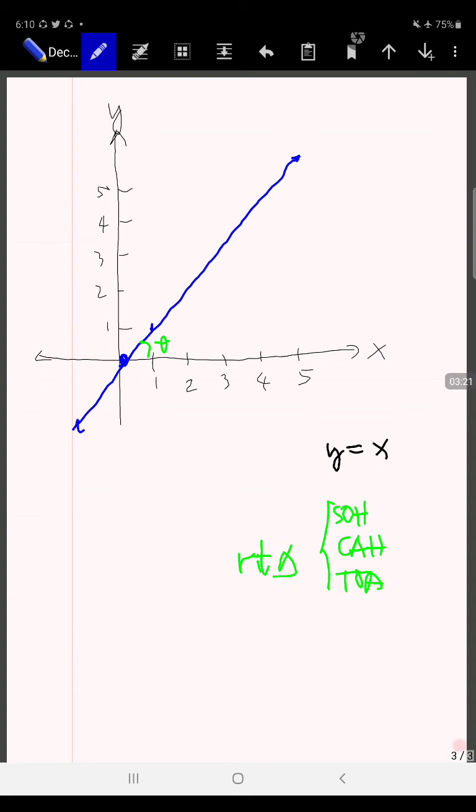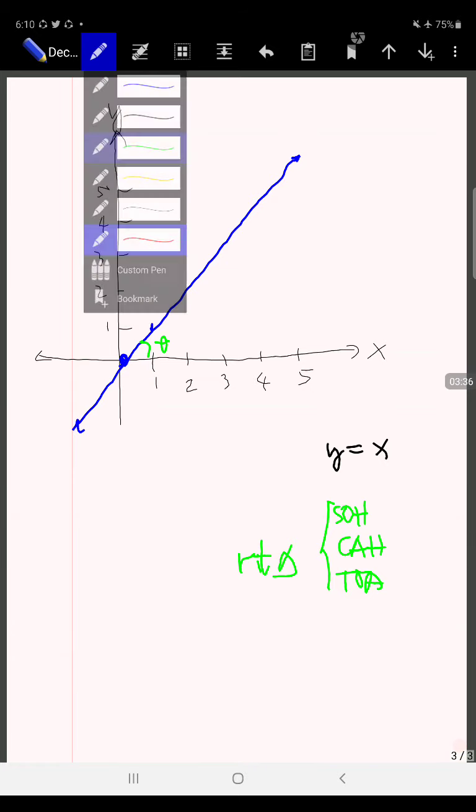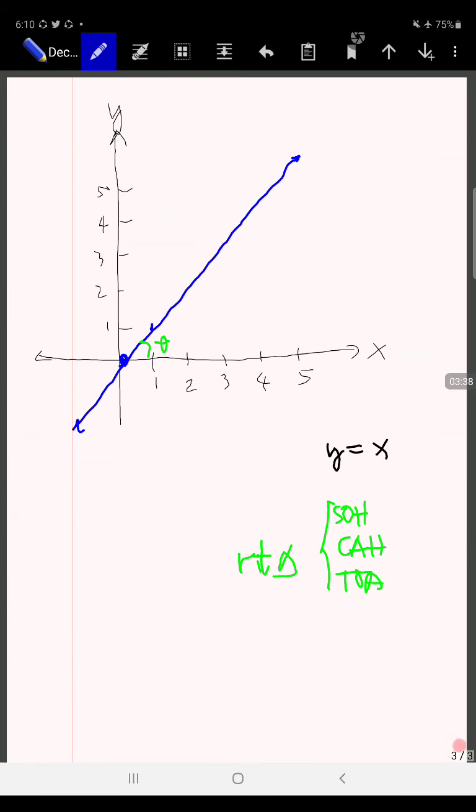So we are going to construct a right triangle somewhere in our line. So how do we do that? It's quite easy. We will just choose 2 points, say these points, 2, 2, and say this point, 5, 5.